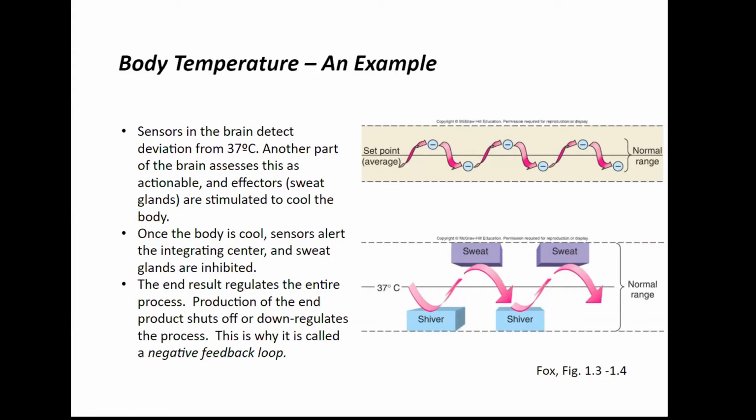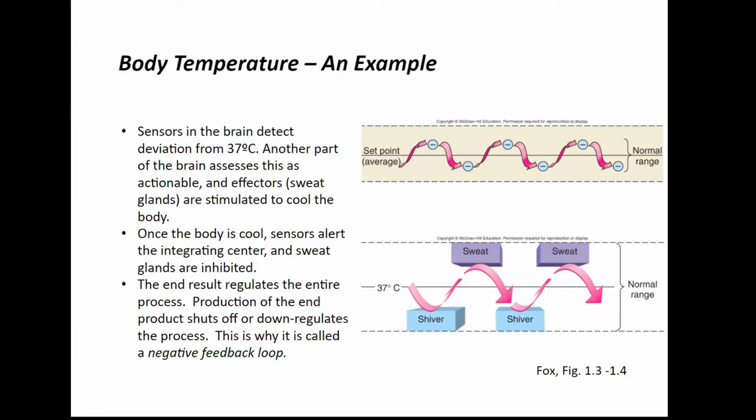So our sensor in the brain sends a signal to the part of the brain that's responsible for creating a response. And then that part of the brain sends out a signal to the effectors, which in this case are largely sweat glands, which produce water on the skin, allow it to evaporate to cool the body.